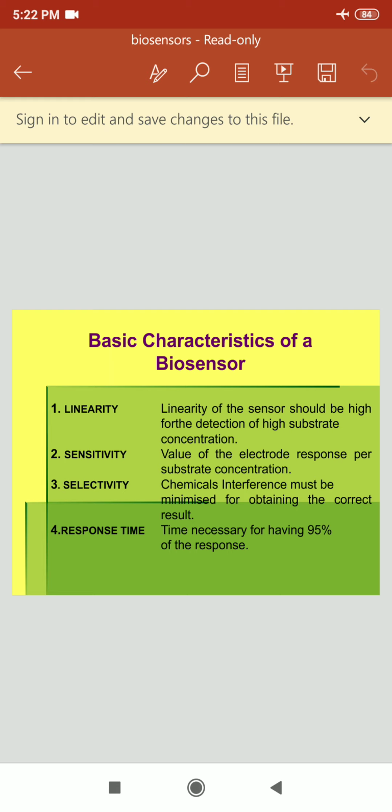We detect the substrate in a linear concentration. The value of the electrode response to the substrate concentration is the sensitivity of that particular electrode. Selectivity of the chemicals also affects the result, and so does response time.